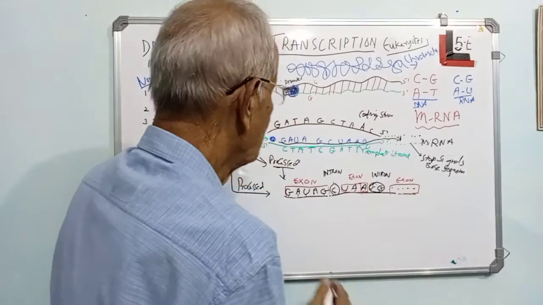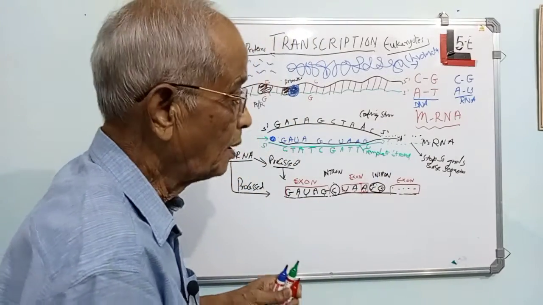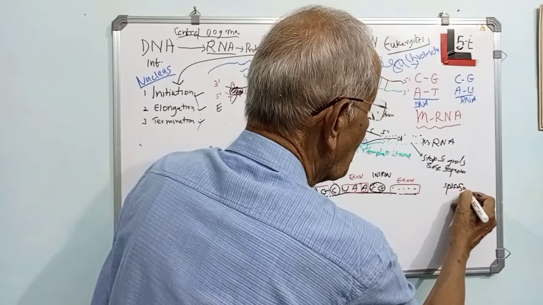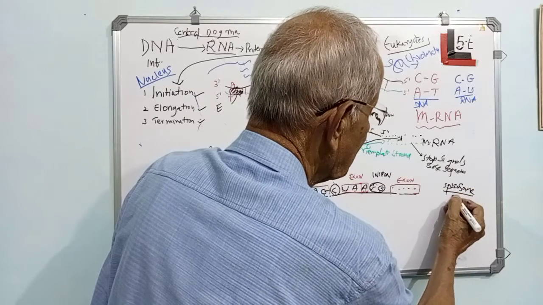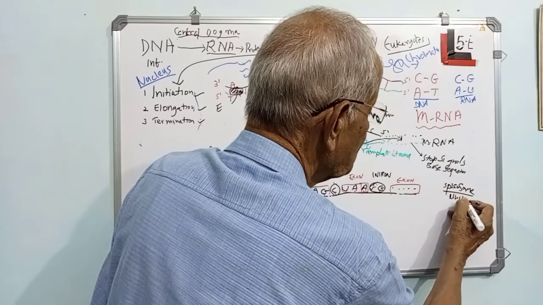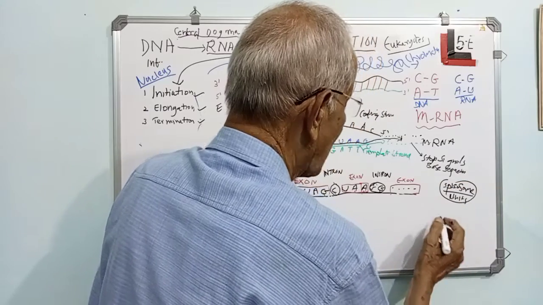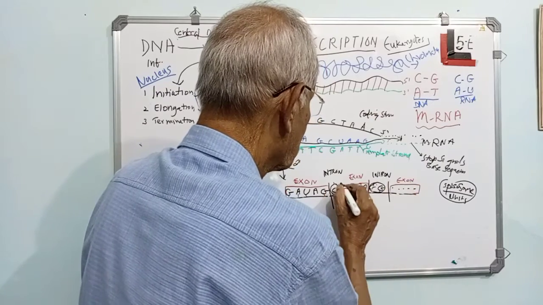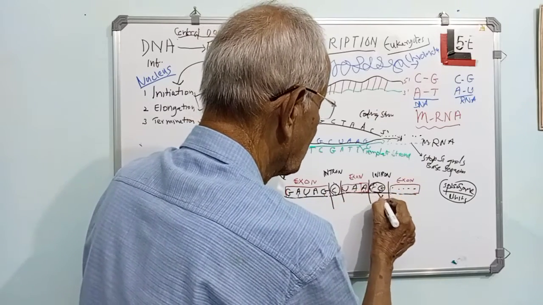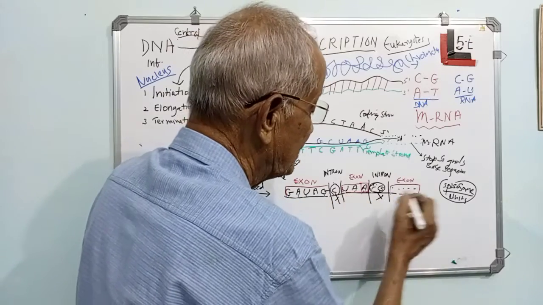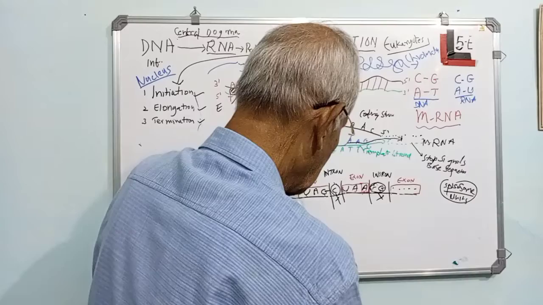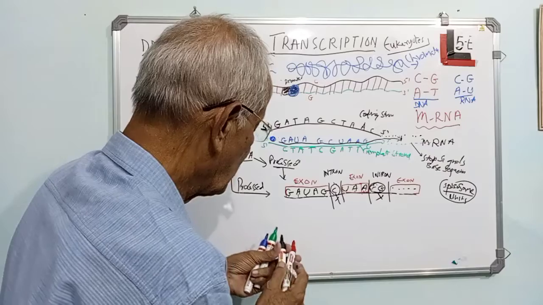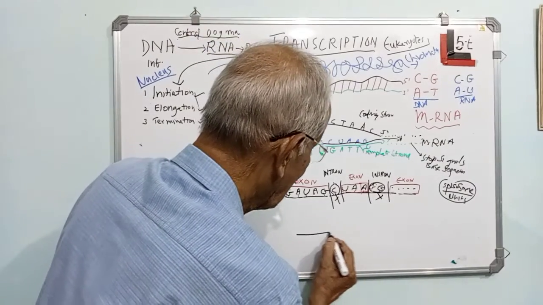So now the splicing takes place by means of the enzyme called the spliceosome, although it contains other units also. This enzyme now comes and cuts here, splices here, and then removes this one. They will go out, and now we will be getting a structure where we have the mRNA like that.